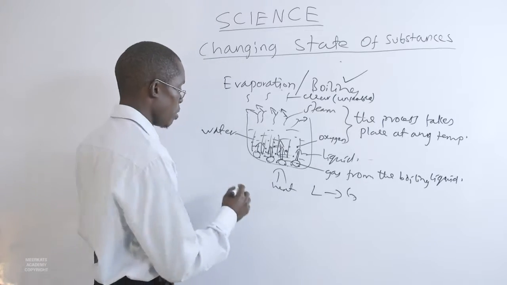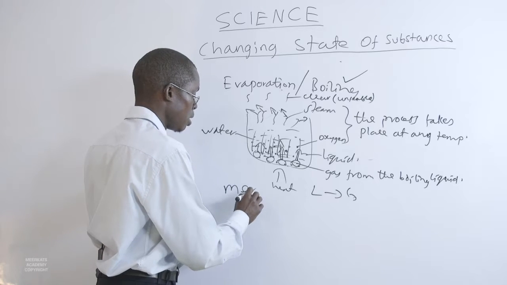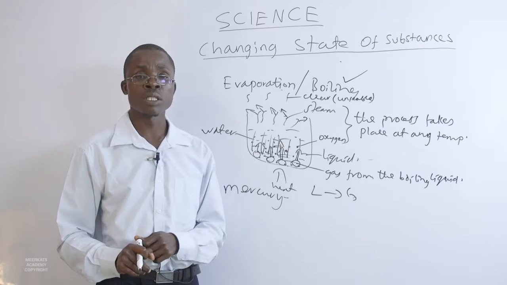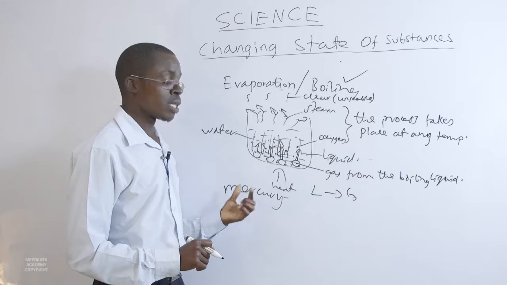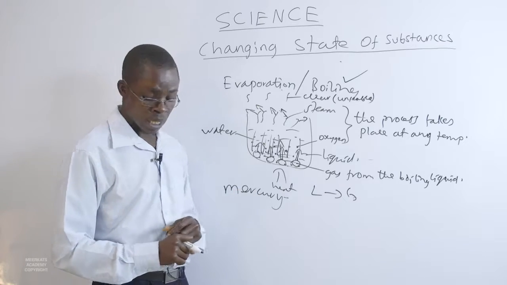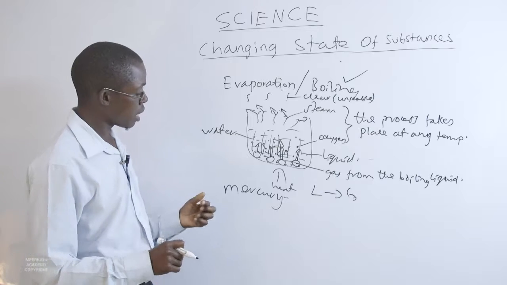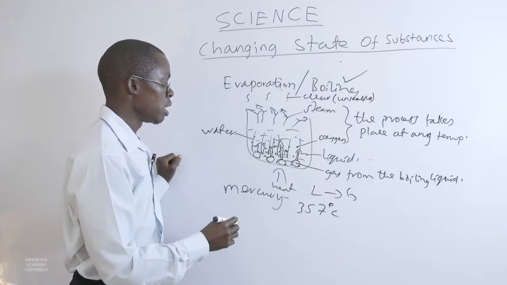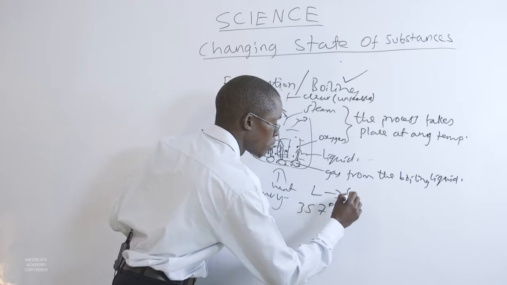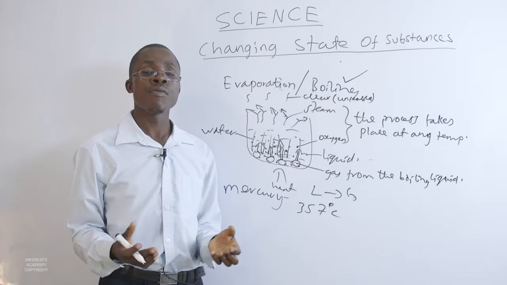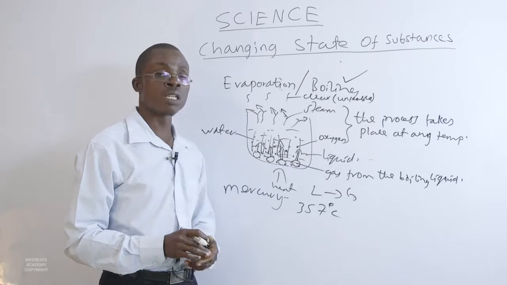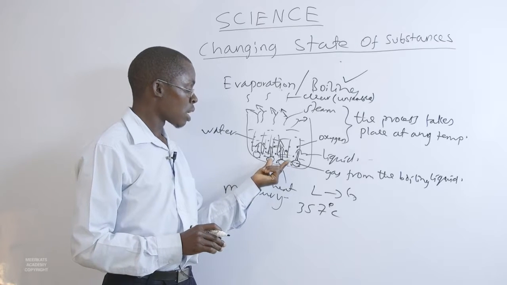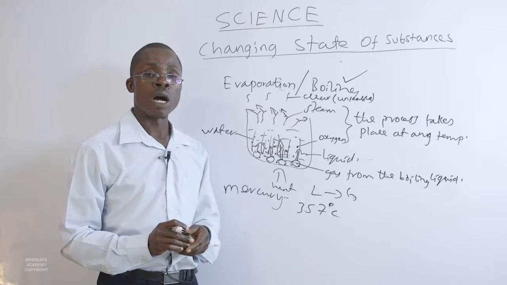If it is mercury, a liquid we commonly interact with in thermometers, which has a melting temperature of -39 degrees centigrade, then at 357 degrees centigrade mercury will change from liquid to gas. So if you can have a source of energy that can take you to such a temperature, then still you will see air bubbles coming from the bottom as they move up.